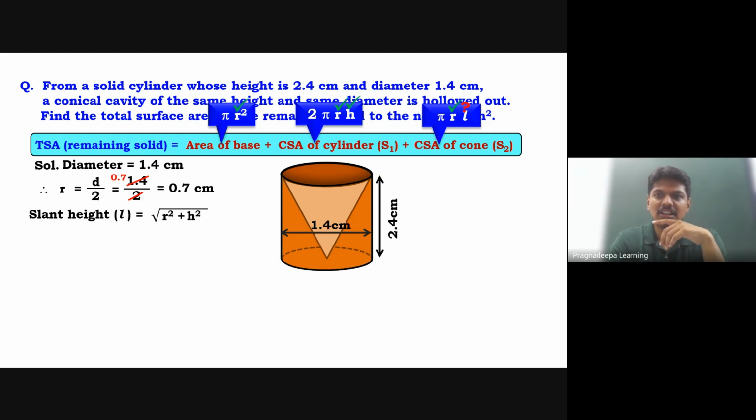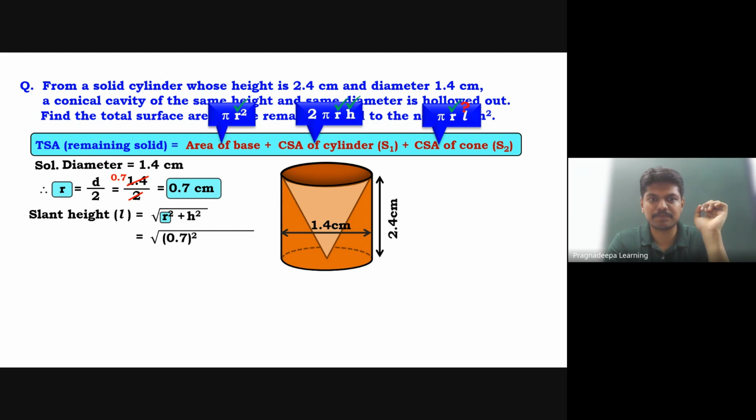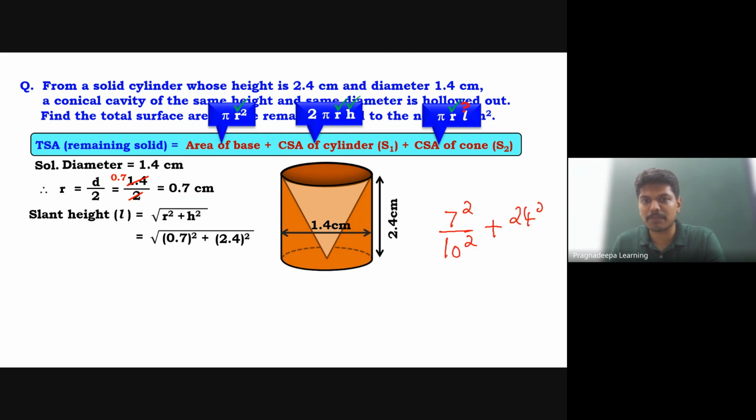Correct? So, the square root of r, which in this question is 0.7 squared, plus h, which is 2.4 whole squared. Students, don't get confused. See here, what you can do is write it as 7 squared by 10 squared plus 24 squared by 10 squared, and simplify.